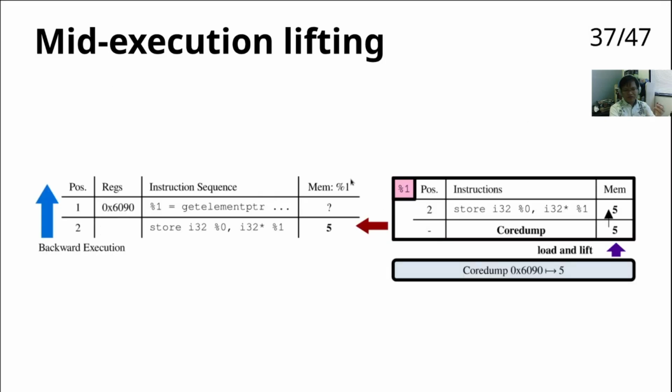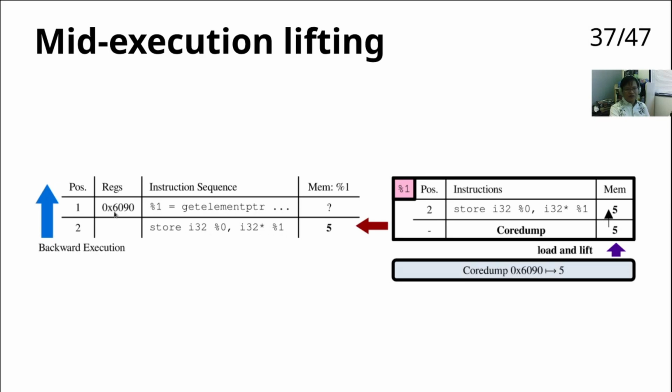Here's a concrete example. Let's say that the instruction at position 2 is storing a value to some heap region. So we're reverse executing. Something was stored into the heap, but we don't know what that value was.